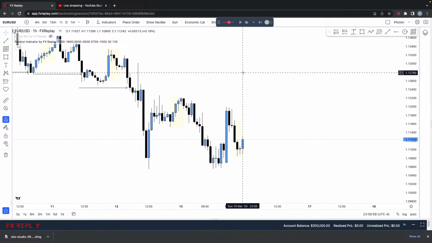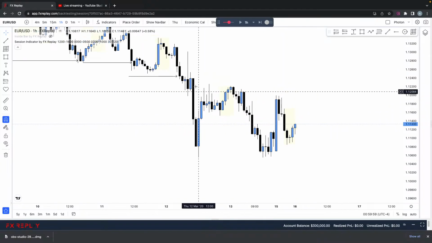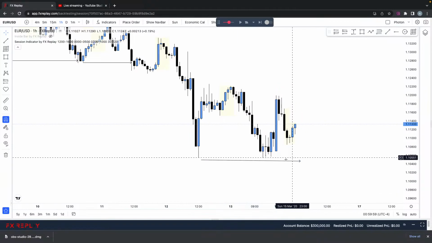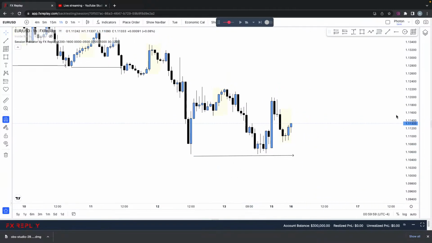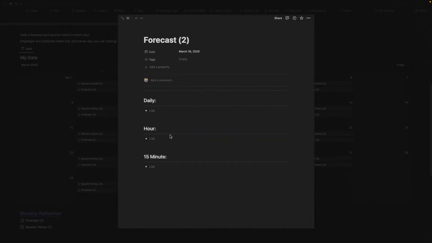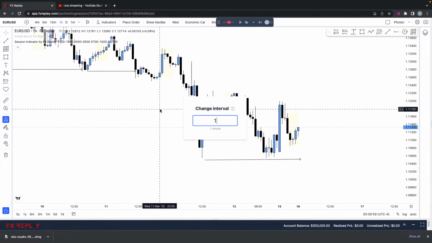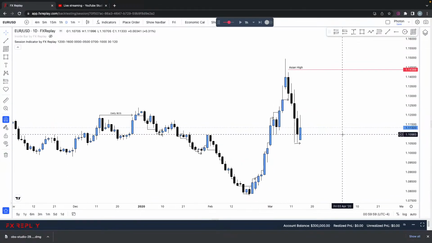Okay, 12 o'clock. We're still bearish overall. There's been no bullish break of structure. However, on the daily, I'm pretty sure we will be bullish, but you never know. Oh, okay.